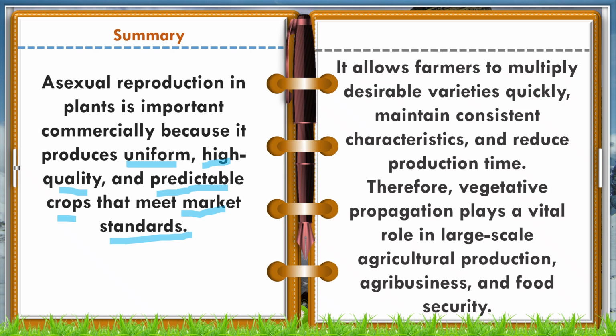It allows farmers to multiply desirable varieties quickly. It maintains consistent characteristics and reduces production time. Therefore, vegetative propagation plays a vital role in large-scale production, agribusiness and food security.